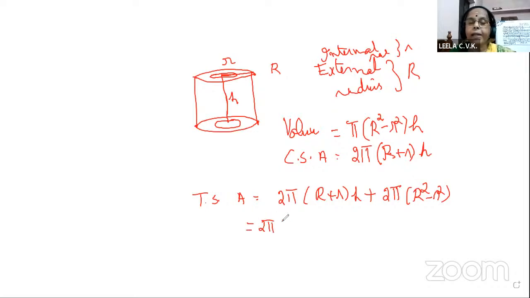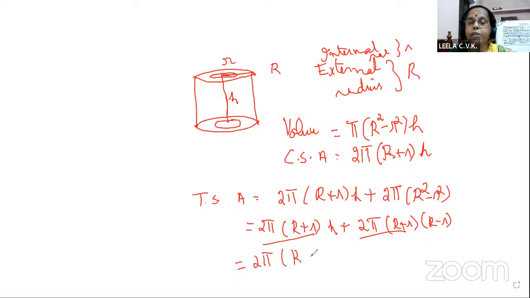So this is 2 pi into R plus R into H plus 2 pi into R square minus R square. Our identity, A square minus B square is A plus B into A minus B, isn't it? So this is R plus R into R minus R. So here 2 pi into R plus R is common. That's why maybe in your textbook the formula is given like this. 2 pi into R plus R, that we are taking out.